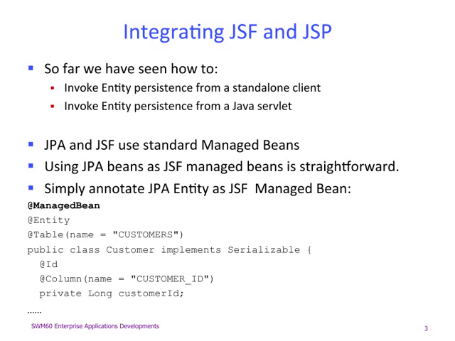To put it together, we need to annotate the JPA entity as managed bean. So we have two annotations, one to say this is a managed bean, another to say this is the entity, and everything else is straightforward.